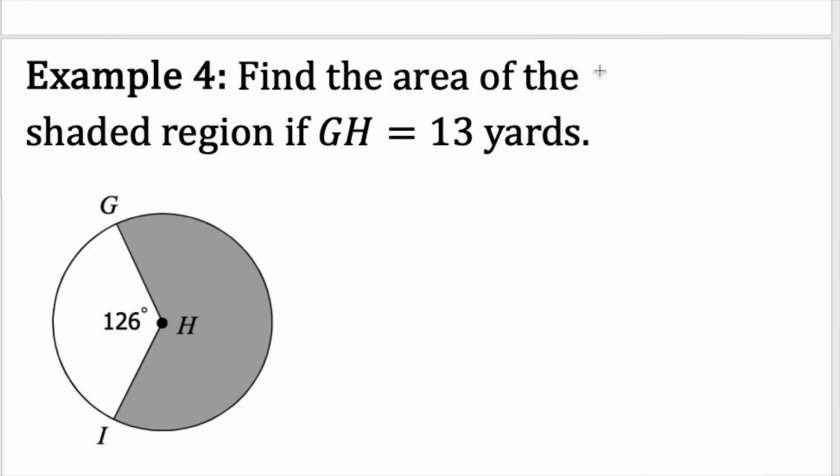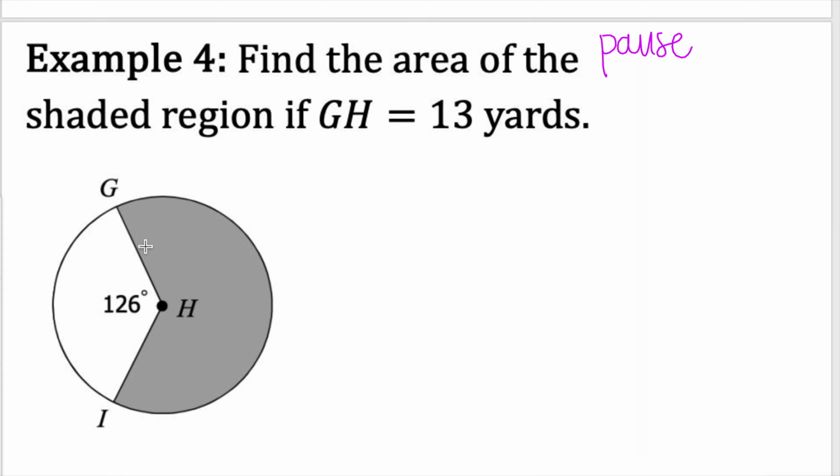Example 4, go ahead and see if you can pause and try this one for sure all by yourself, and when you're ready to check it, click play. So finding the area of the shaded region if GH is equal to 13 yards. The only difference here is that we're not given the degrees for the shaded region, so first we had to subtract this from 360, and we're going to get 234 degrees, so that is the degree we want to use out of 360.